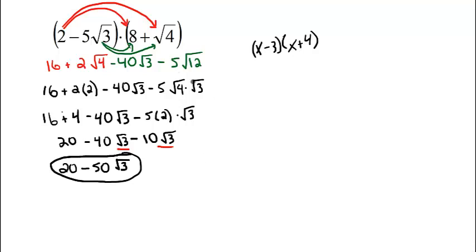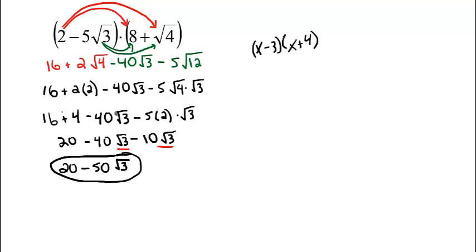So let me go over all this again just to make sure it all makes sense. Distribute everything out so we get these 4 terms. Then taking the square root of 4, that's going to be 2. Can't do anything here. 12 could be broken down into 4 and 3. And then when we simplify a little bit more, combine like terms, we've got 16 plus 2 times 2 is the 4.